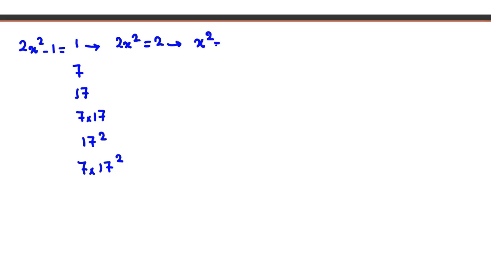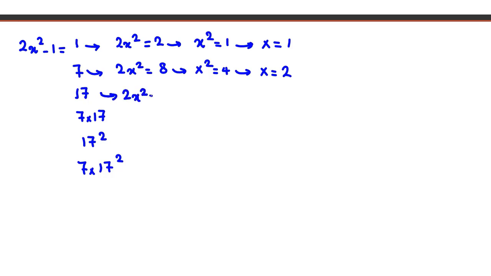If you divide by 2, x squared is 1. X is positive, so x is 1. This one is okay. The next one, 2x squared, if you add 1, is 1 plus 7 is 8. If you divide by 2, x squared is 4, so x is plus or minus 2, and because x is positive, x is 2. The next one, 2x squared, if you add 1, is 18. If you divide by 2, x squared is 9, so x is 3.